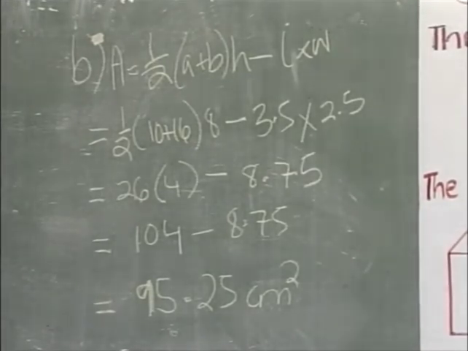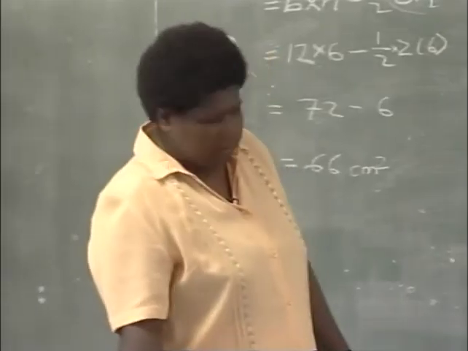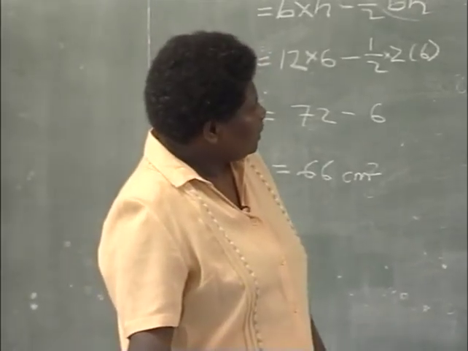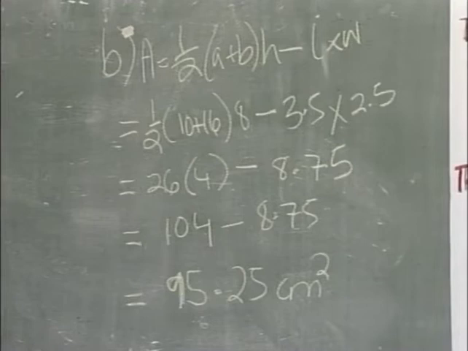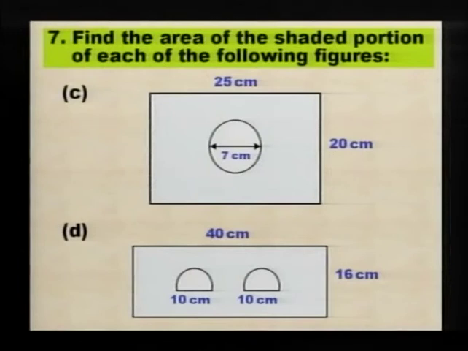All right, 6A is correct, 66 square centimeters. 6B is also correct. All right, letters C and D. Use the white chalk.